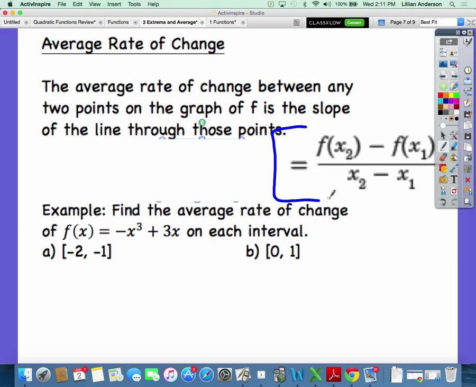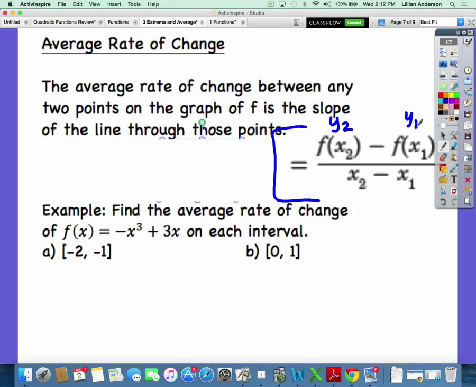Should look familiar. What does f of x mean? Y. So f of x2 is basically y2. f of x1 is basically y1. This is old school classic slope. It's just this time it's for a curve versus a straight line. So to find your average rate of change for a function on the interval, they give you an interval.